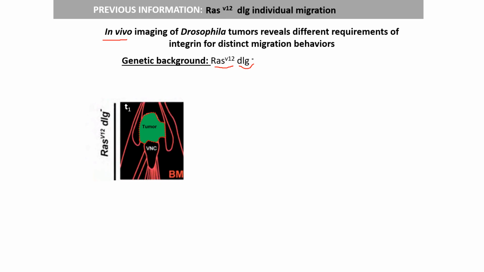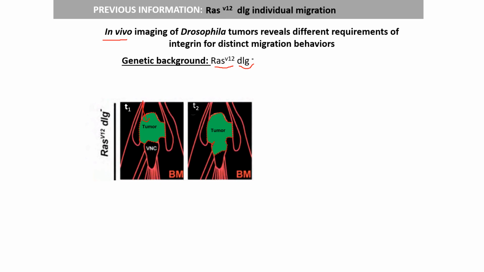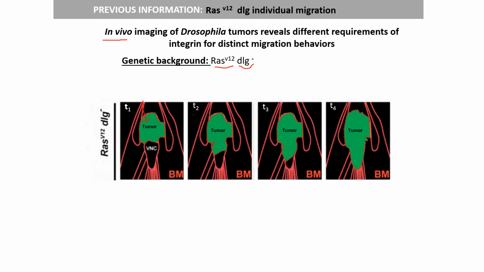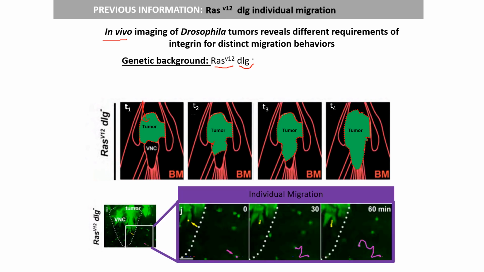You create the genetic perturbation here and it will start slowly invading. However, what they found is that in addition to the invasion, they started finding all these dots that are everywhere, migrating from one region to another.